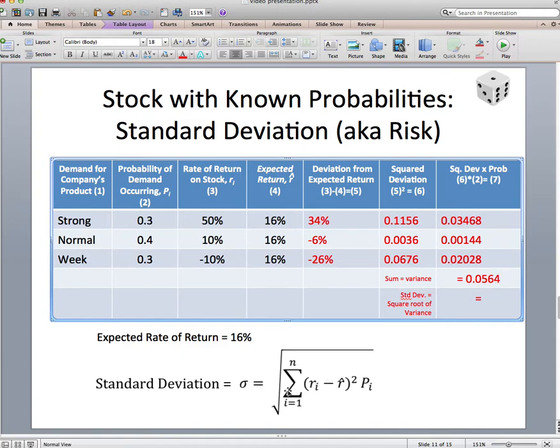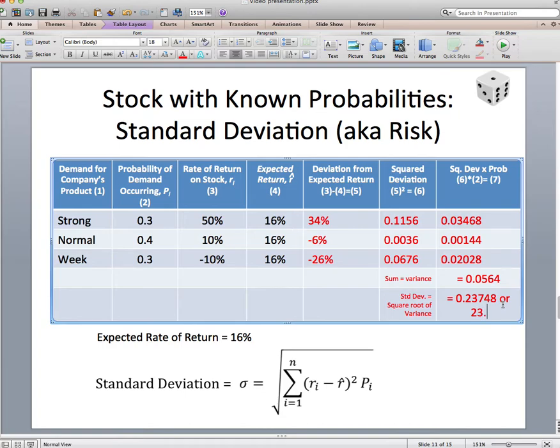And now we take the square root, which is the standard deviation. So the square root of the variance is the standard deviation, and that's 0.23748, or 23.75%, we're going to round.